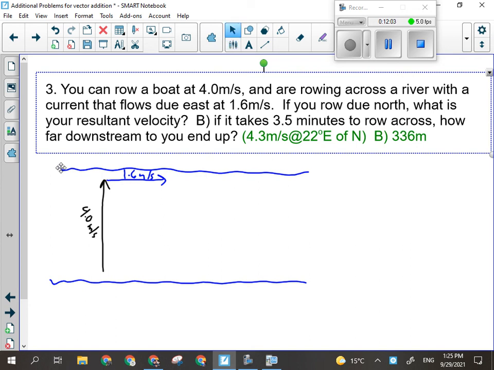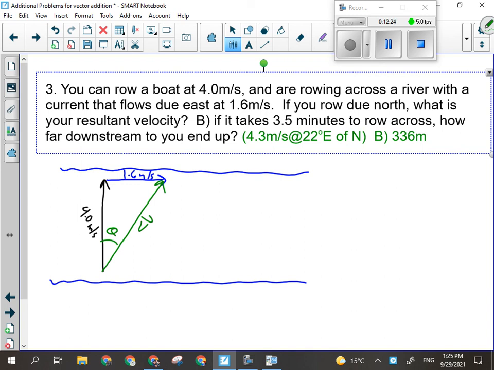That means our resultant, so if somebody was watching us from a drone directly above the river, they would see us following this green line. That would be our resultant velocity, and that would have this vector. So that's all that part A asks us to find, is just the hypotenuse with its corresponding angle.